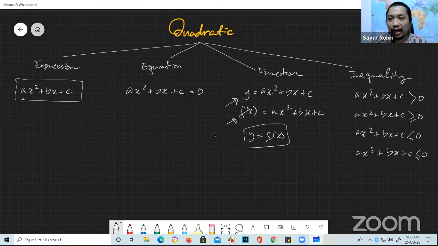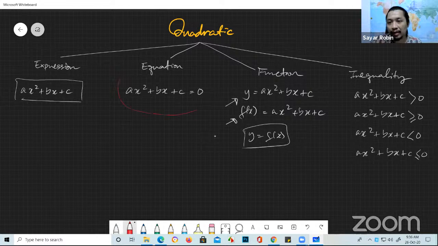That's why we are now going to learn about the quadratic expression, equation, function, and inequality. From all of them, we are now going to focus on the equation.